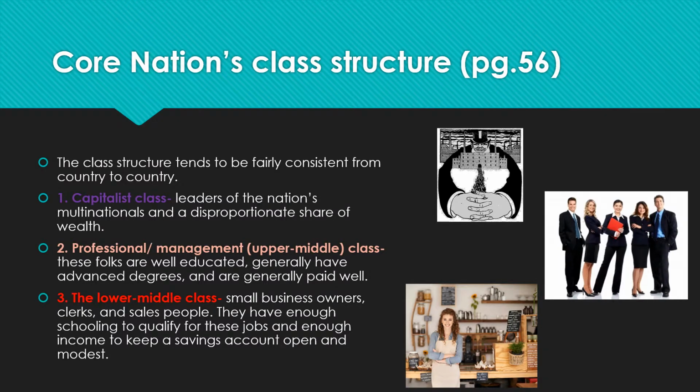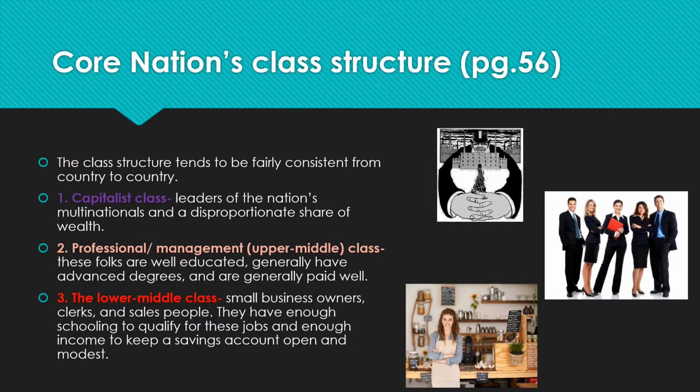So on page 56, we start to go through the three different types of nations and their class structure, because what's very important to them is their class structure. So let's look at a core nation's class structure. The class structure tends to be fairly consistent from country to country for each core nation.